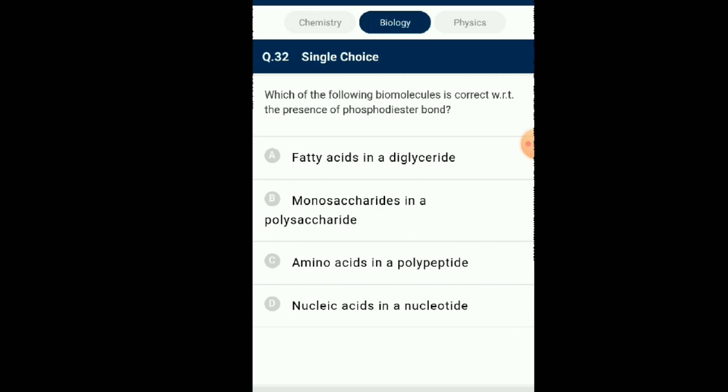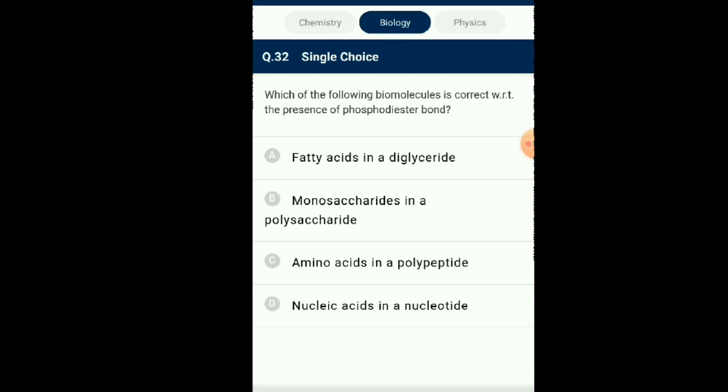Question number 32. The following biomolecule is correct: the presence of phosphodiester bond. Deoxyribonucleic acid and ribonucleic acid are chains of polynucleotides which are joined by phosphodiester bonds. Two nucleotides are linked by the phosphodiester bond.